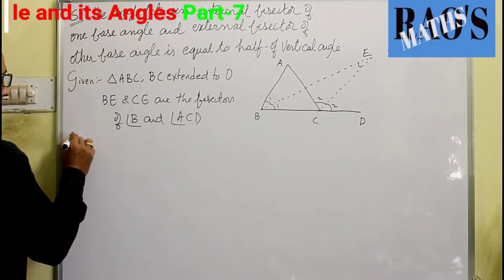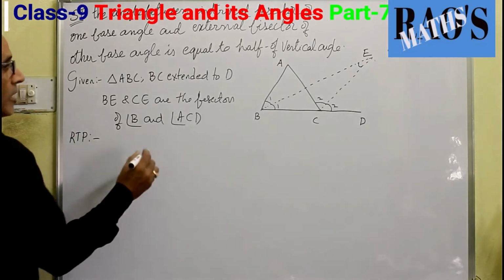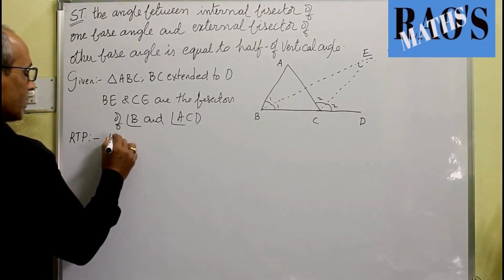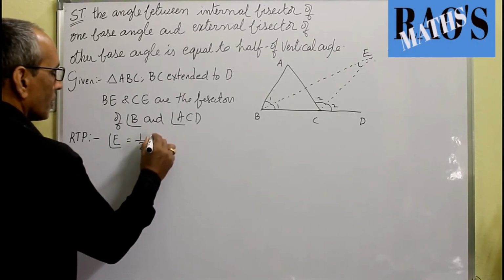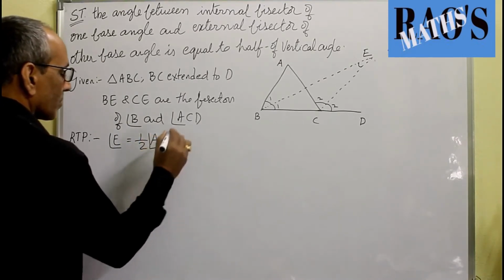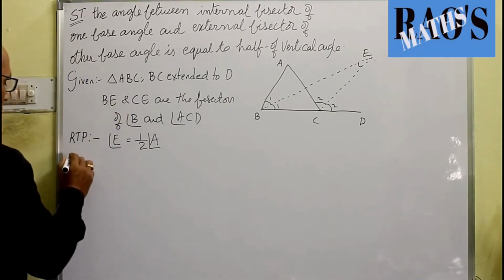So what is RTP? What is to be proved? You have to prove that angle E is equal to half of A. We prove it.